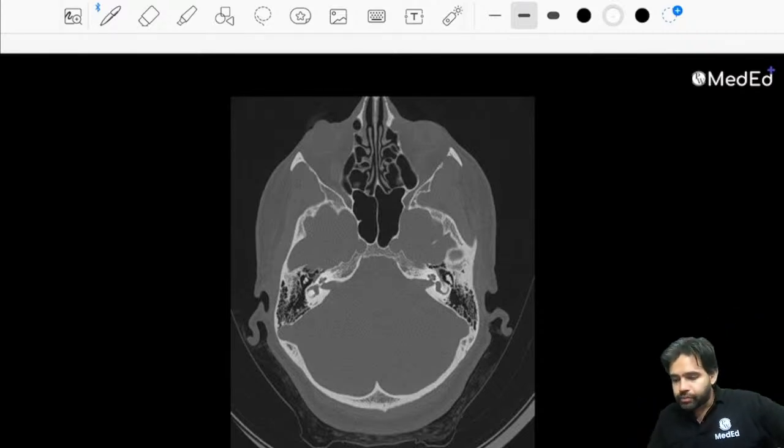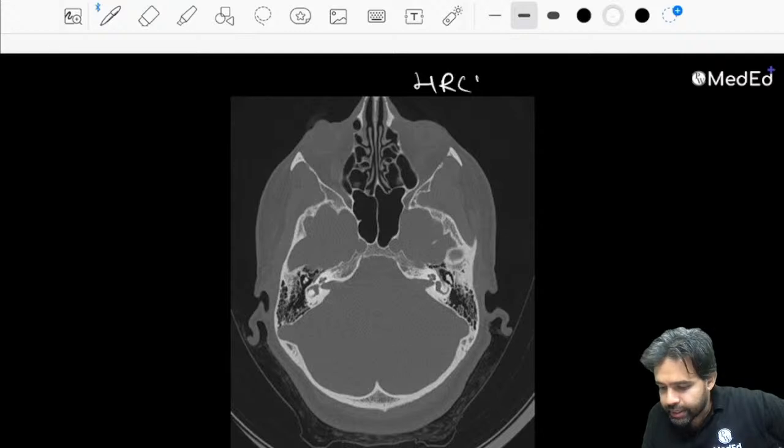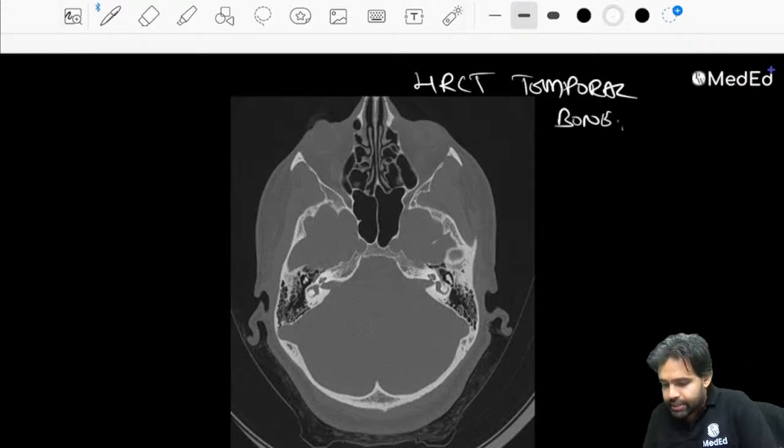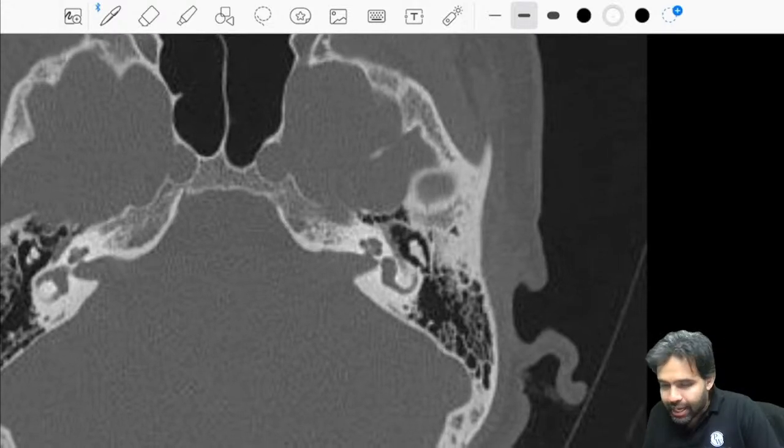Now in HRCT temporal bone, this is the thing that you need to see. You see this ice cream cone appearance over here. This is the malleus.